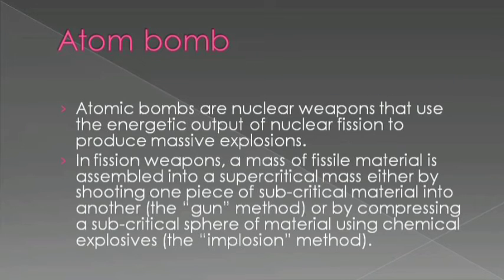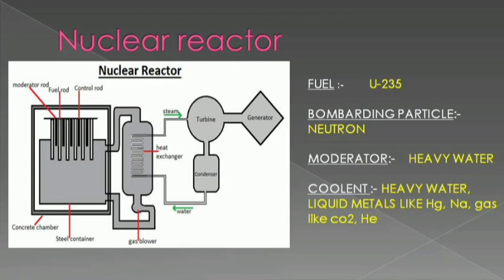So basically in an atom bomb a particular nucleus undergoes fission, and this fission is repeated so many times that an uncontrolled reaction is developed. An atom bomb is an uncontrolled chain reaction.